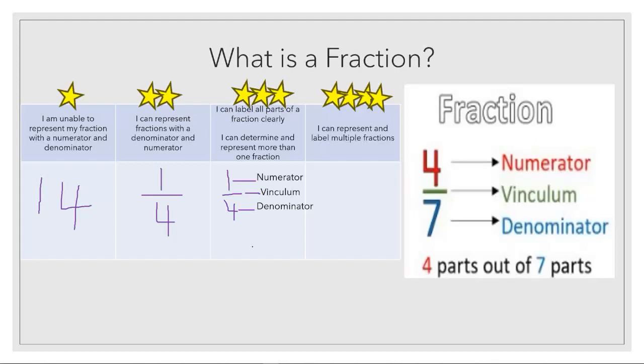Yep. And you would do that with more than one fraction. So we'll go 1/2. It's a weird looking two, but 1/2, and you'd do that again. Yep. And so that's what 3-star work would look like. And then I can represent and label multiple fractions. So you might have a table there. You could have a table, you don't have to.